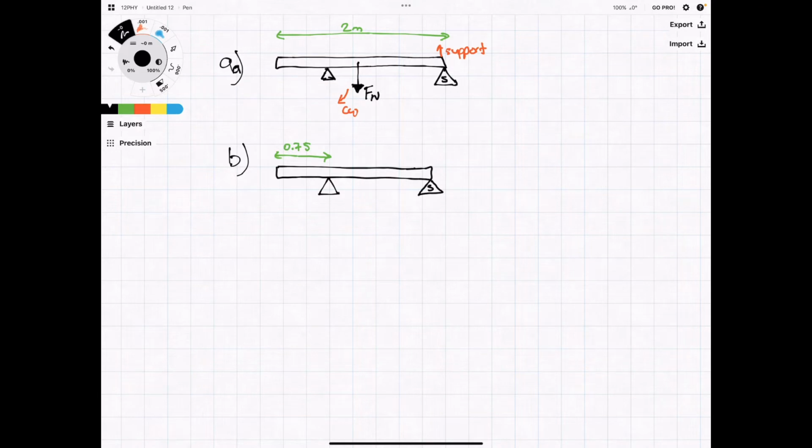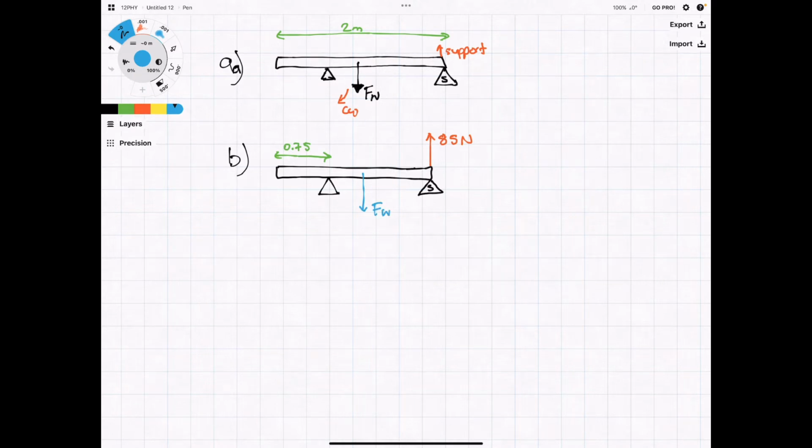And the scale is reading 85 newtons. Okay, so the scale is providing 85 newtons of support force up, because that's how scales work. And we're just going to recall for ourselves that the weight force, FW, goes through here.